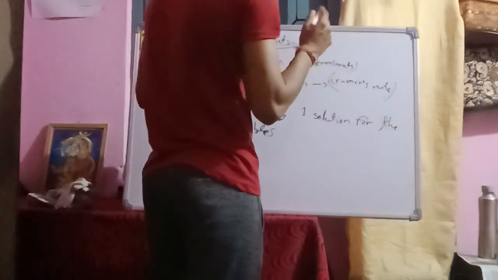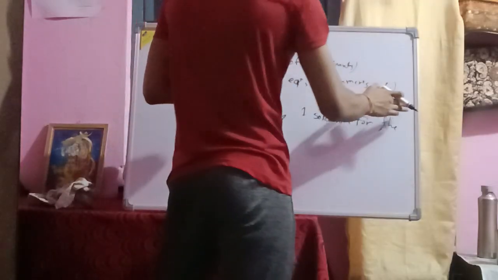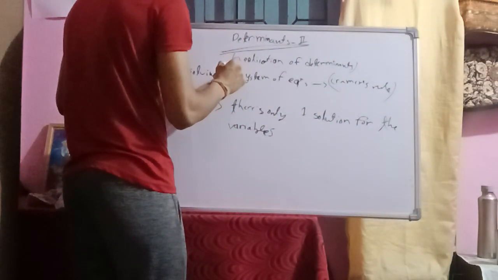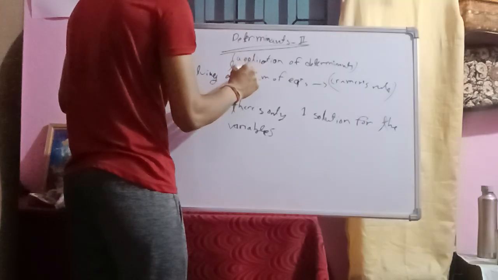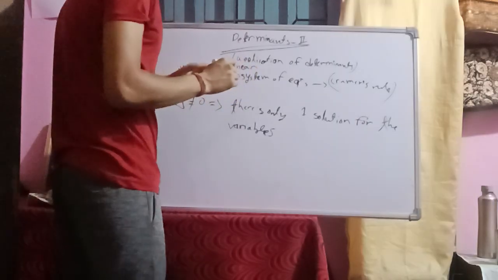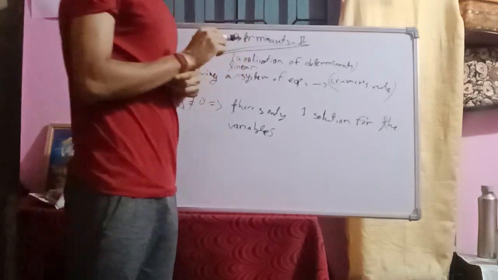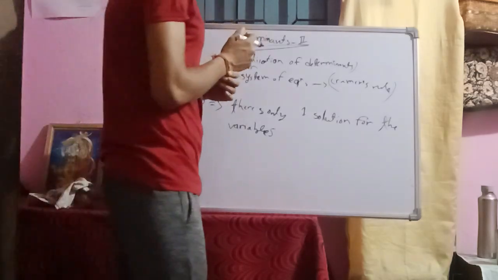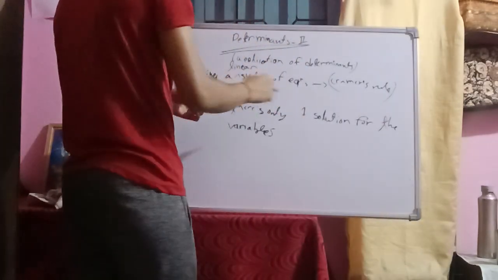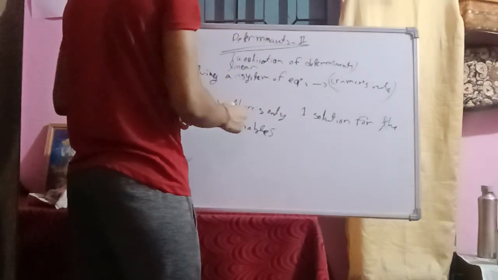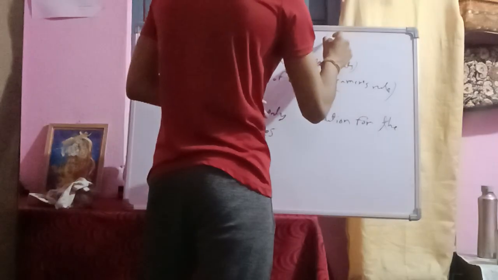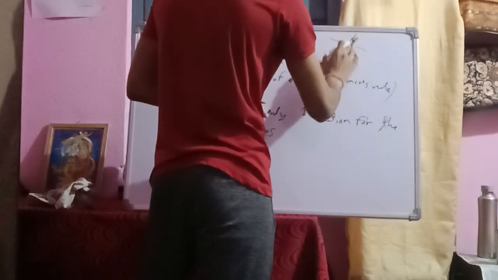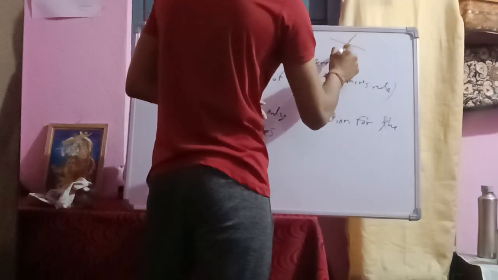First of all, solving this has to be a linear system of equations. I forgot to mention that. You have to keep this in mind. What do linear equations do? They create straight lines. So this means there's only one solution for the variables, which means there is only one point in which all the lines are going to intersect with each other.